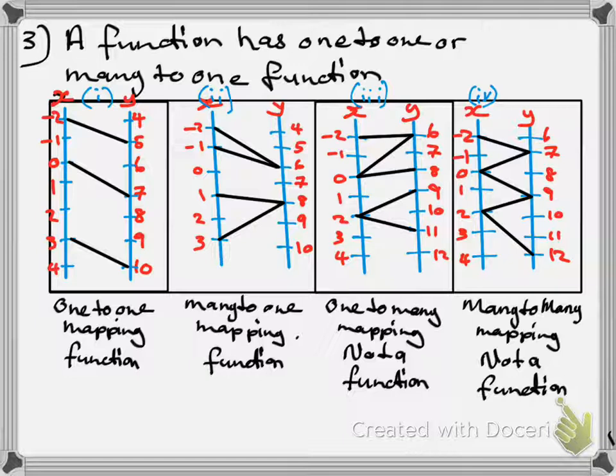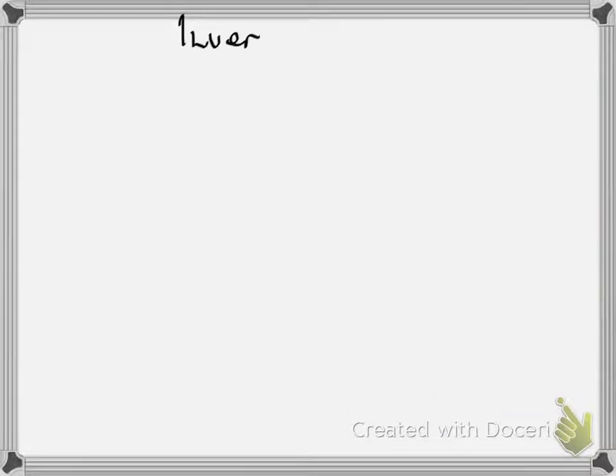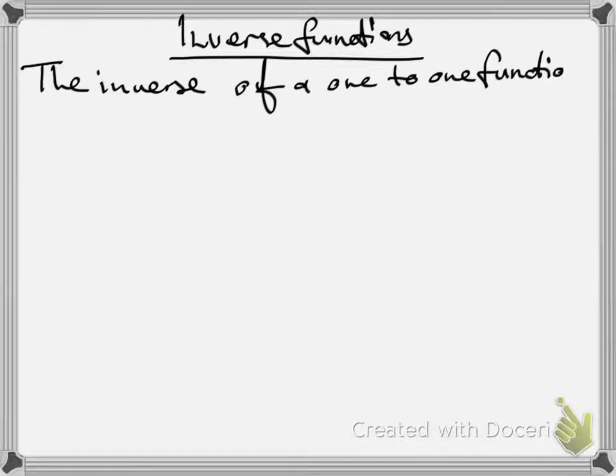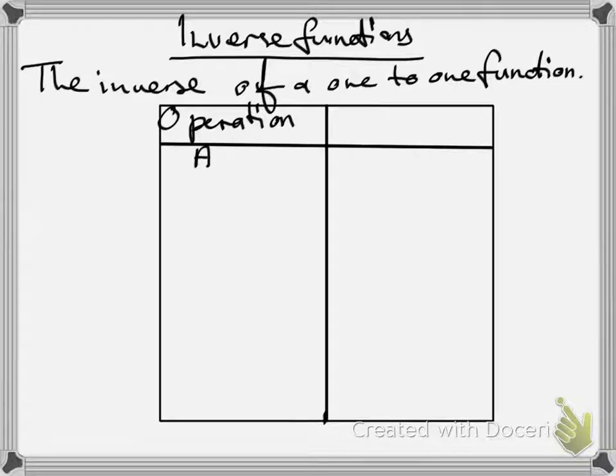Okay, let's move on. Now let's look at inverse functions. The inverse of 1-to-1 functions is what we are going to look at first. So we have to know the inverse operations. The inverse operation of addition is to subtract.